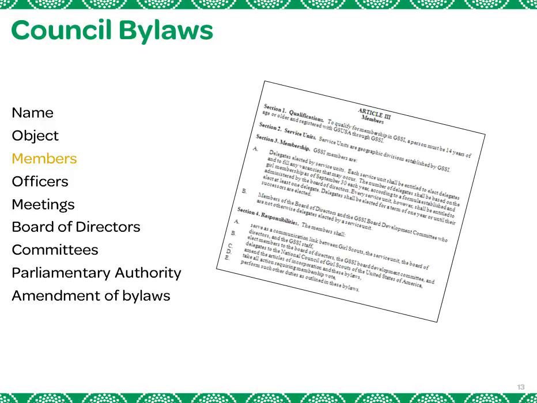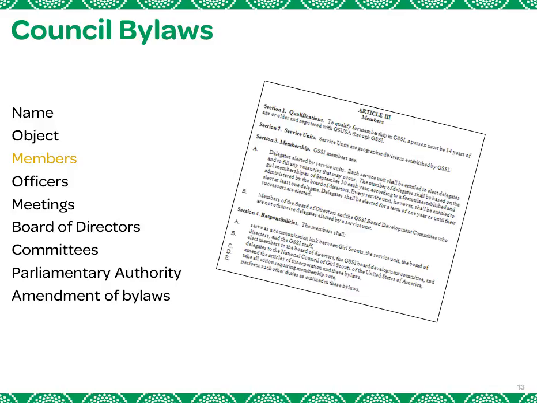To qualify for GSSI membership, a person must be 14 years of age or older and registered with GSUSA through GSSI. Service units are the geographic divisions established by GSSI and can change as determined by the corporation. GSSI members include members of the Board of Directors and the Board Development Committee, as well as delegates elected by the service units.